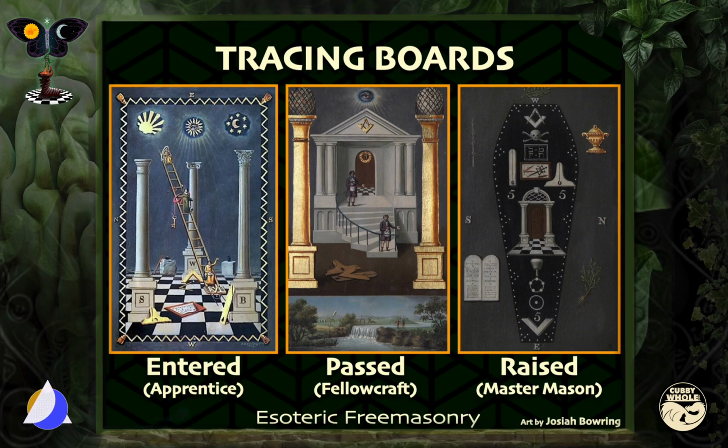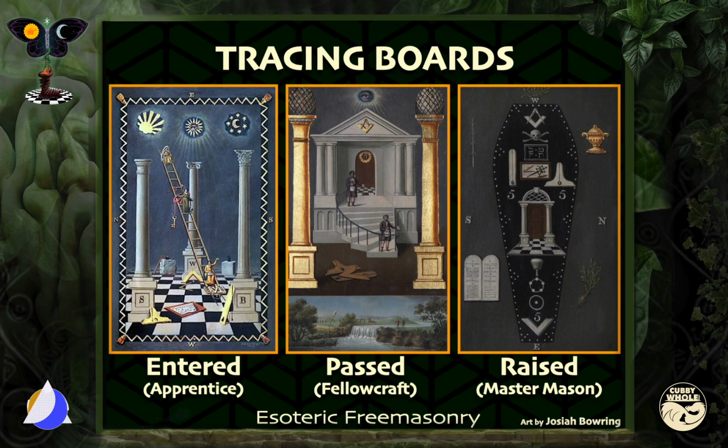This is very, very beautiful science, all three of these, and they all go together very well. And this is the art of Josiah Bowring, who was such an excellent, I don't even know if that's the right word to say, because I look at these boards as just way more than just art and science. They are one of the most beautiful correspondence pieces of art that I have ever used to understanding who I am, and understanding who we truly are, and what's really going on in this world.